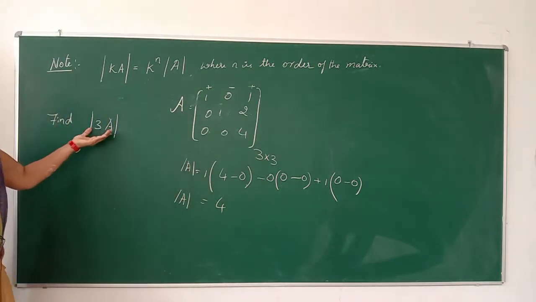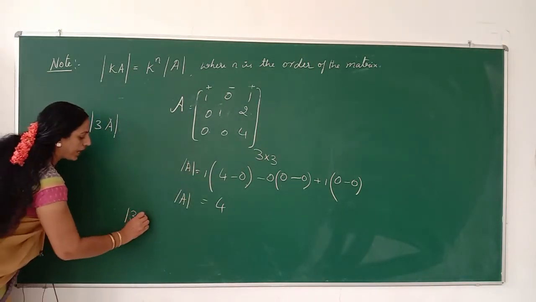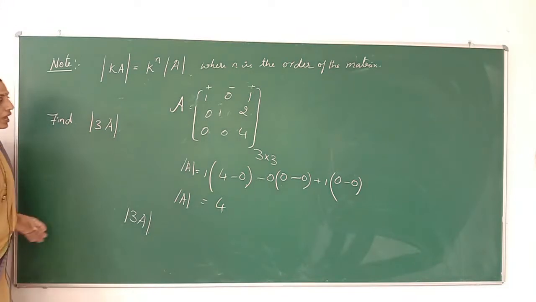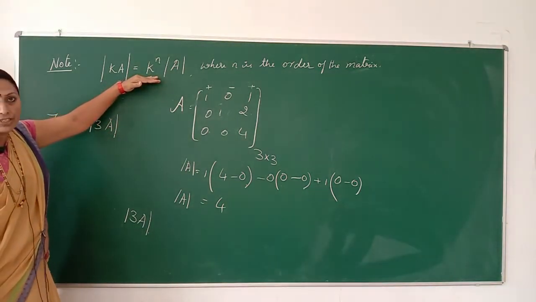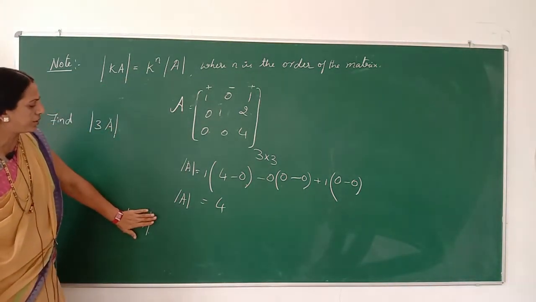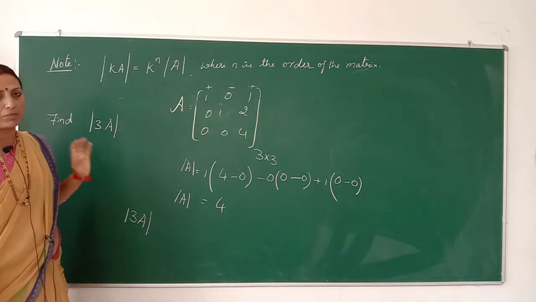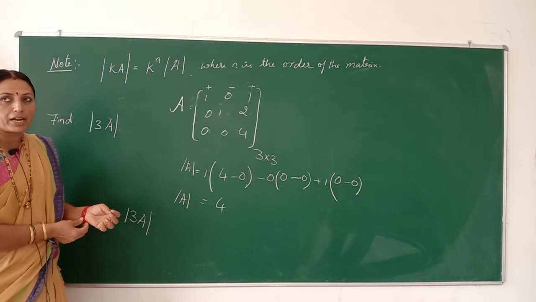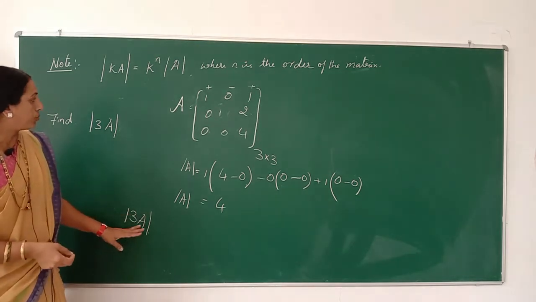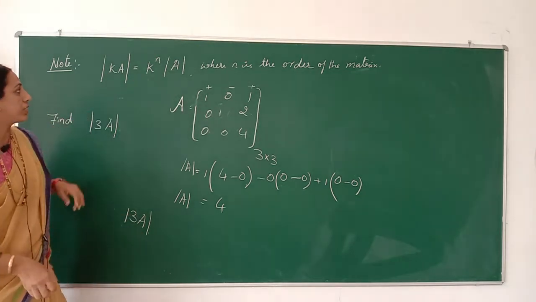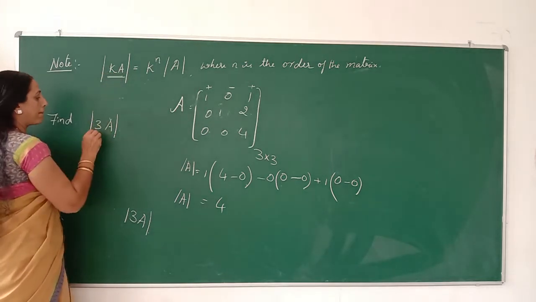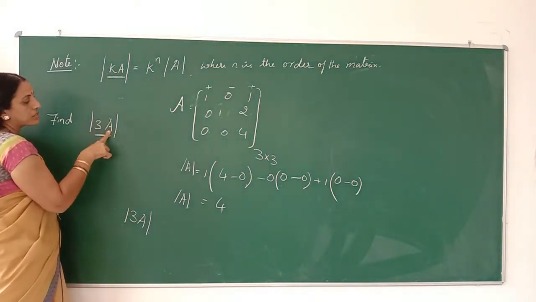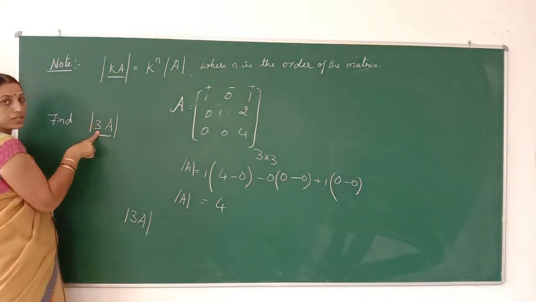Then to find the value of 3 into A, by using the properties of determinant, the last problem can be simplified using the condition of scalar multiplication. 3 into A means all the elements of A are multiplied by 3. But in this problem, by using the properties of determinant, if we compare these two, A is A, but k is 3.